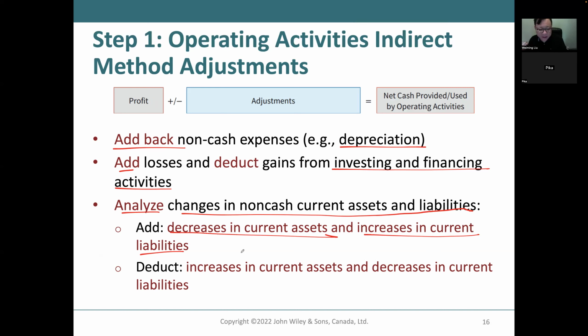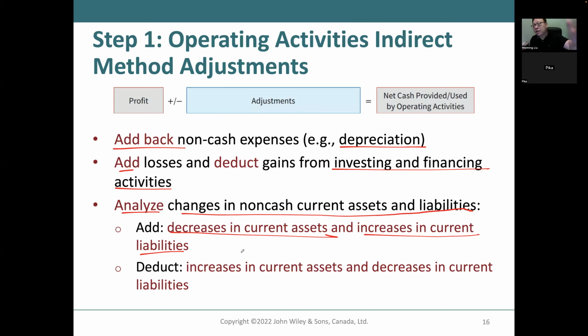On the opposite, if your current asset increases, the reason is that you used the cash, so you have to subtract. Decrease in current liability: how can you decrease your current liability? You have to pay it, so your cash is used. So you can see that this is the format.